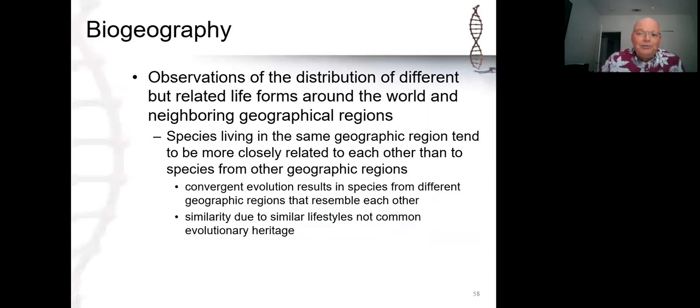Then one of the things that Darwin was very much familiar with, and Wallace, was the notion of biogeography, the distribution of organisms geographically across the world, and the fact that organisms that live in the same geographic region bear a lot of resemblance to those organisms that are found in the same region in the fossil record, and are very different from organisms that live in similar types of geographic regions, so temperate zones or tropical zones or things like that, each geographic region has its own unique group of organisms.